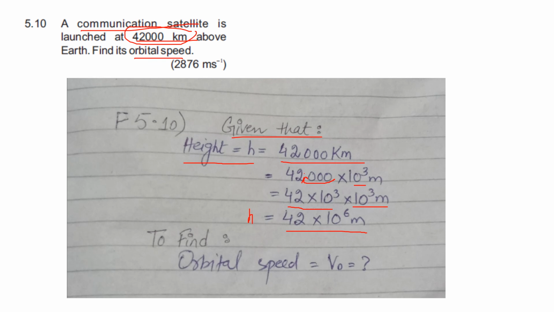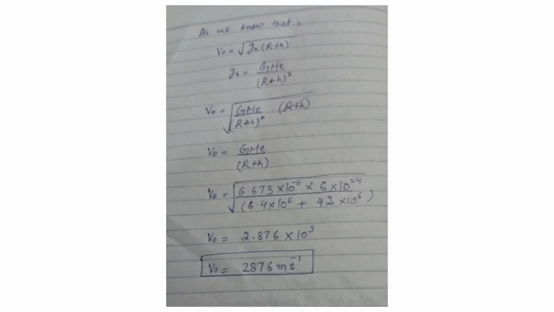According to the problem, we have to find out the orbital speed that we represent with v naught. As we know, the formula for orbital speed is v naught equals under root g_h into (R plus h), and the value of g_h is capital G Me by (R plus h) whole square.